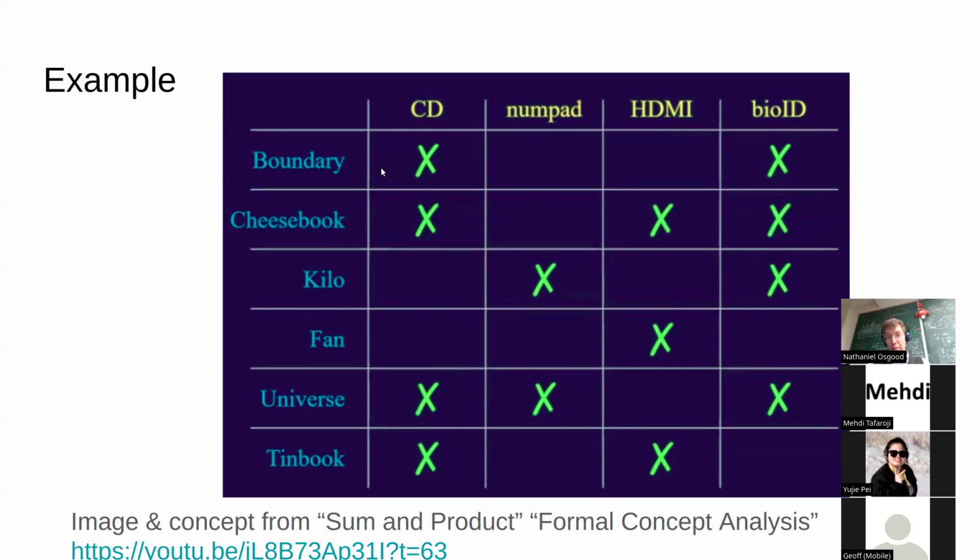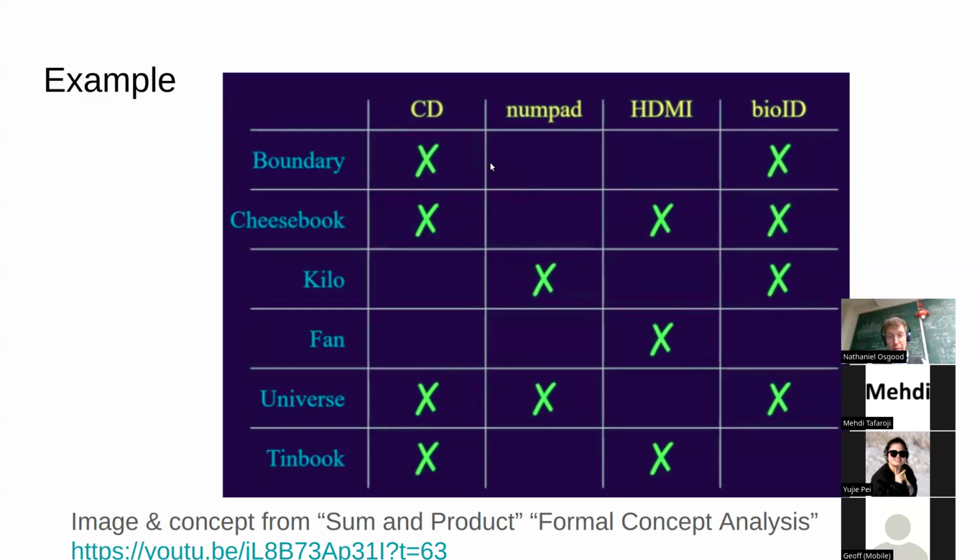For example, does it have, it's a bit dated, a CD drive, a number pad, HDMI support, BioID for security support, right? These are the objects, the laptops; these are the attributes. So for a given object, we have some set of attributes that apply to it. And this table describes a relation, right?